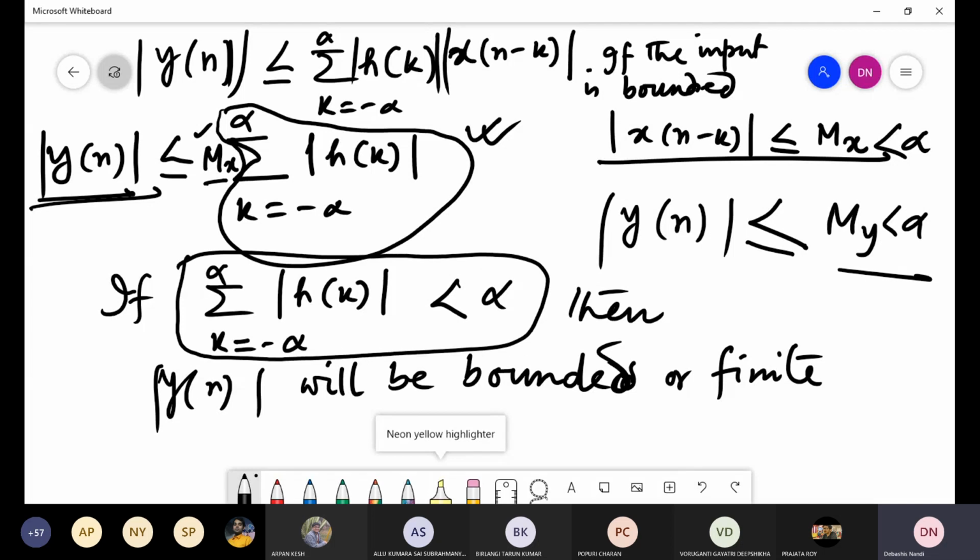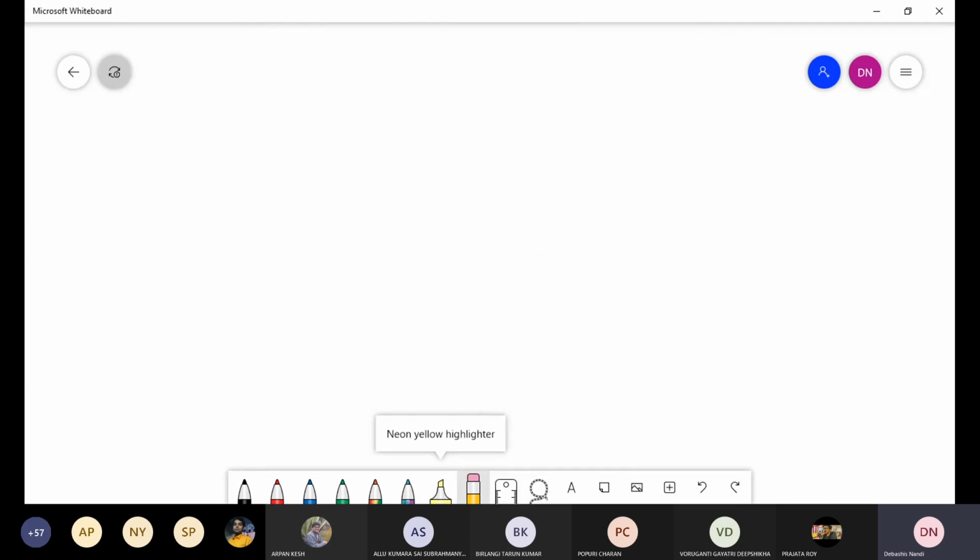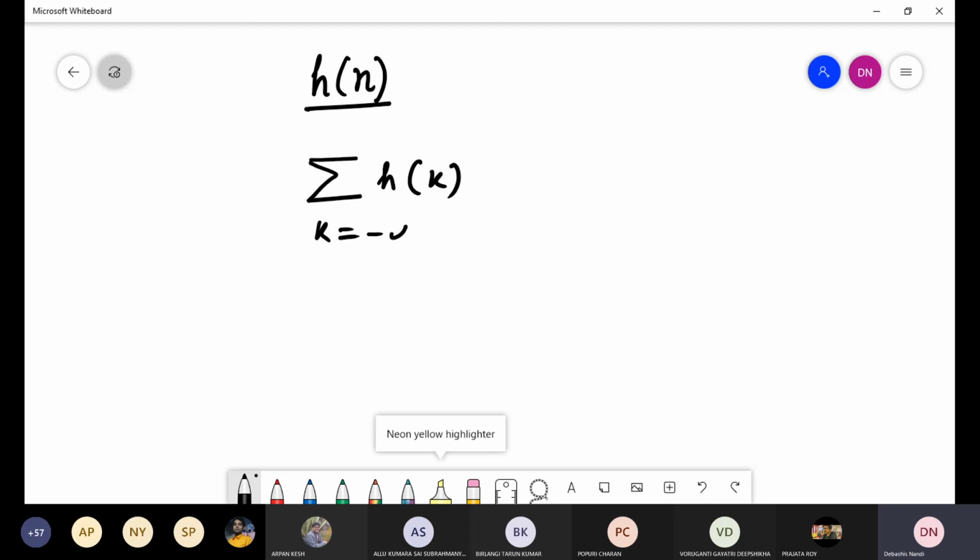Okay. So based on this, our conclusion is this: if a linear time invariant system is given, then it indicates that hn is given. If we know the hn, or impulse response, of a linear time invariant system, then whether the system will be stable or not can be determined by finding out the summation of this series hk, k equal to minus infinity to plus infinity, or mod.